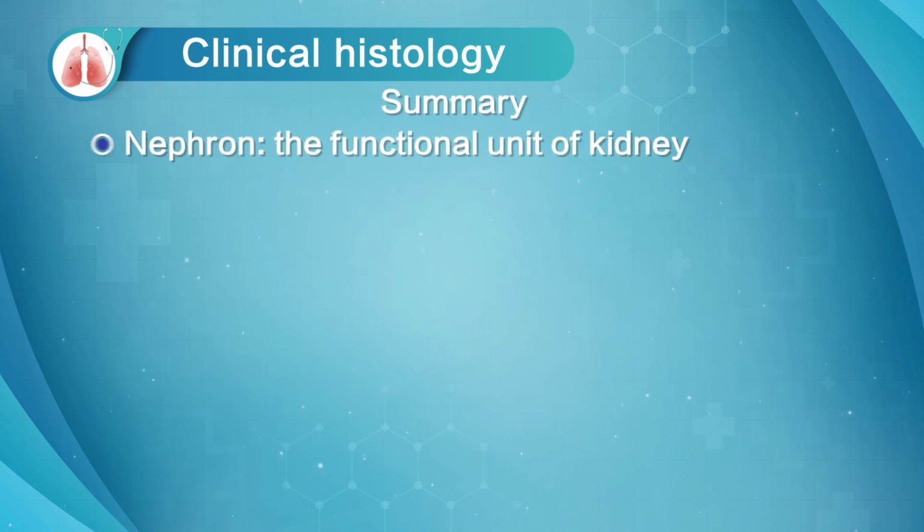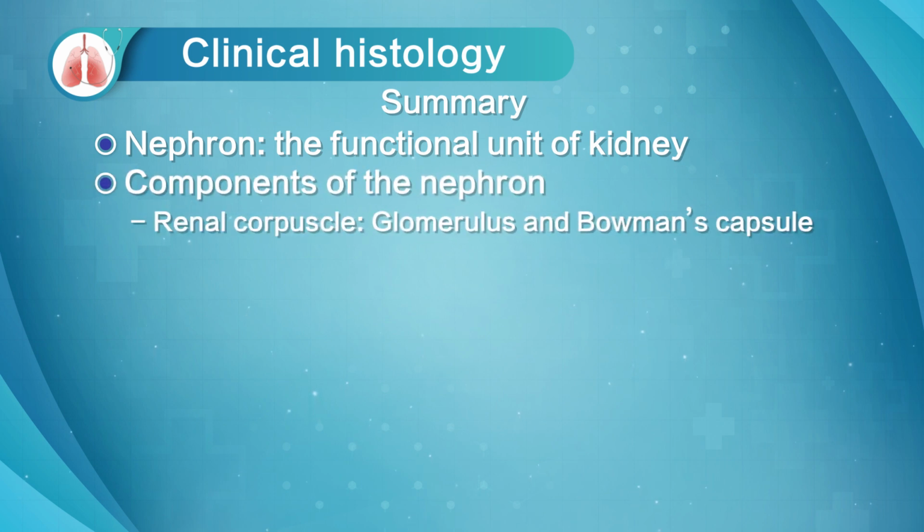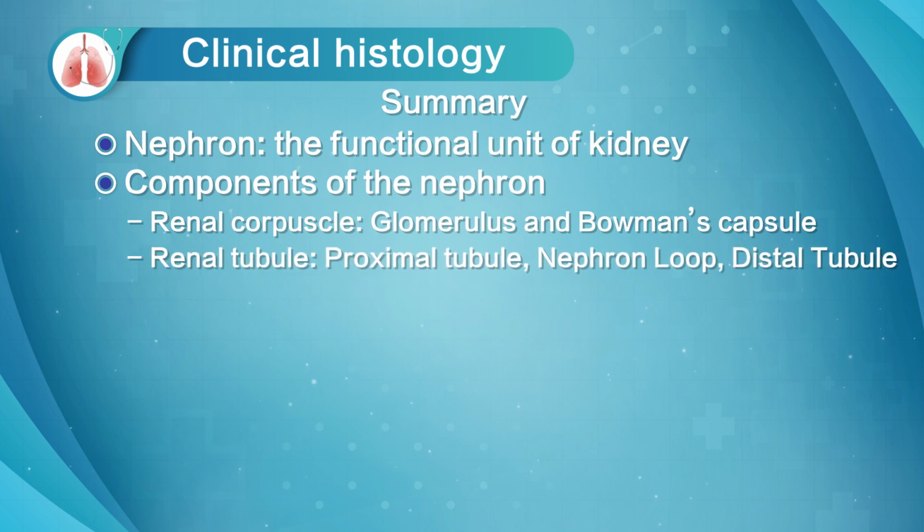Almost all the major functions of the kidney are performed by the nephrons. In this session, we have examined the structures and basic functions of the nephron. The nephron is composed of a renal corpuscle and a tubule.